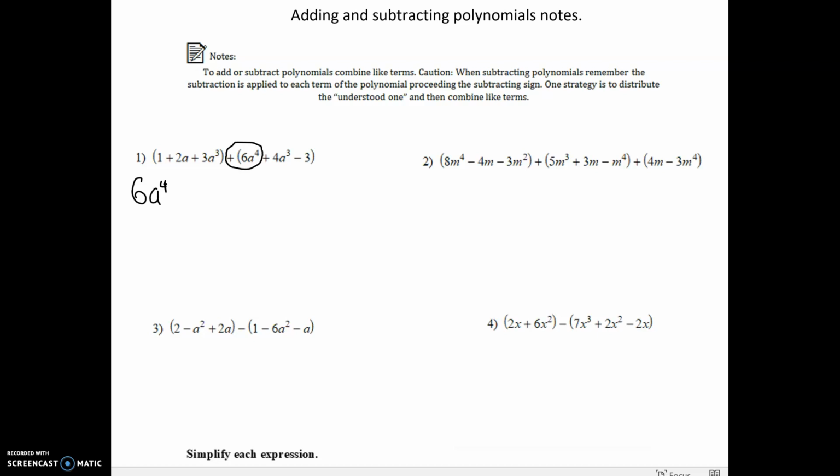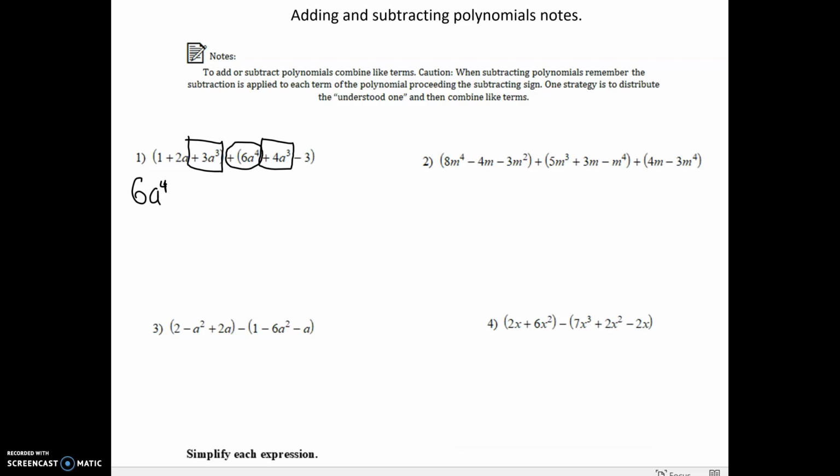Okay. Next in order would be to the third power. Now, whatever sign is in front of the coefficient, that's what you're going to do with it. So if you look at these two, you have 4 and 3. They're both additions.